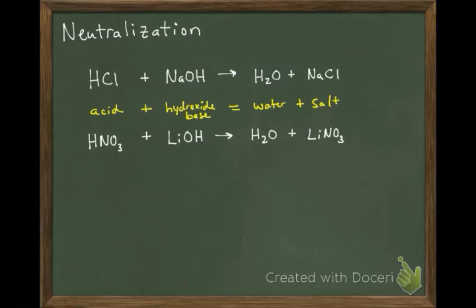And so this is going to be the case for these types of reactions. Anytime you have a strong acid plus a hydroxide type base, your product will be water and a salt for these types of neutralization reactions. HCl is the proton donor, and NaOH, according to the Bronsted definition, is the proton acceptor.